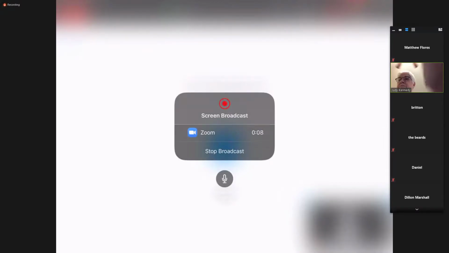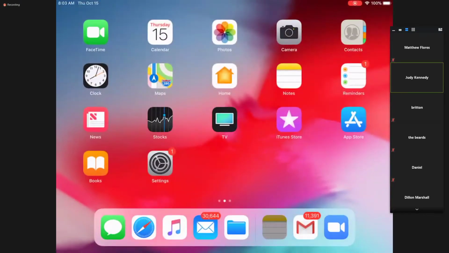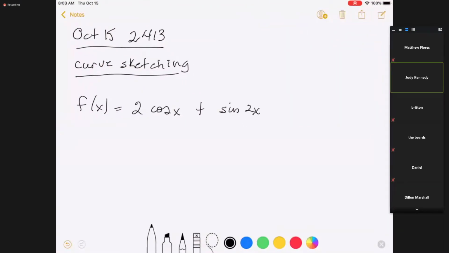Okay, let me get my notes out. All right. And okay, so let's graph the function f of x. My pen's not working.